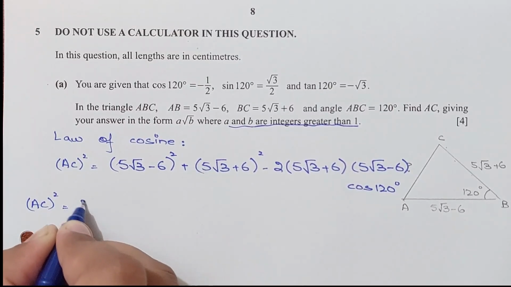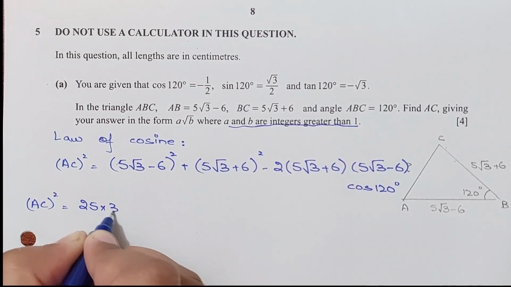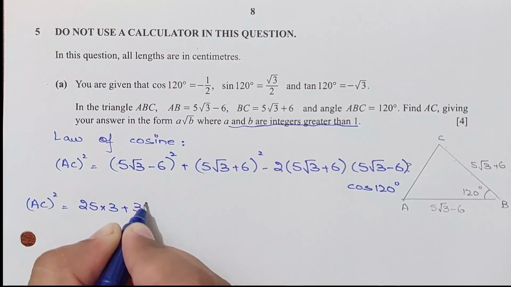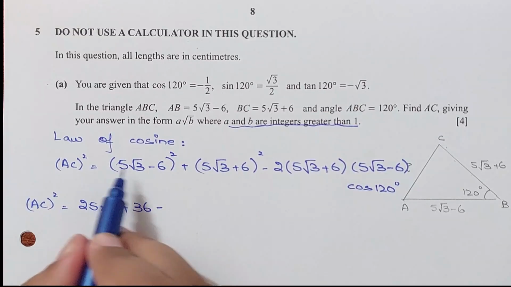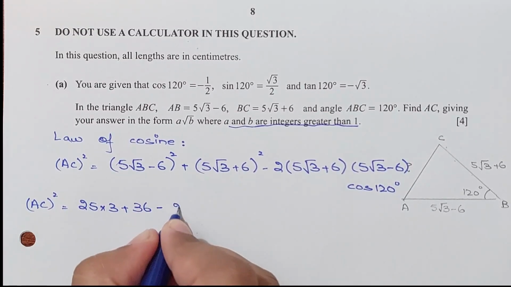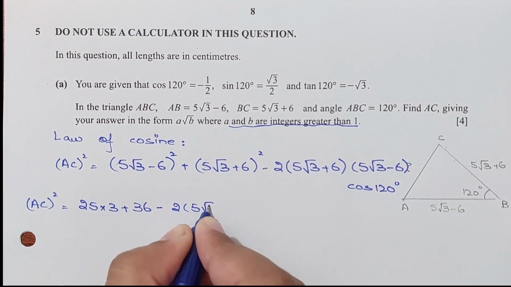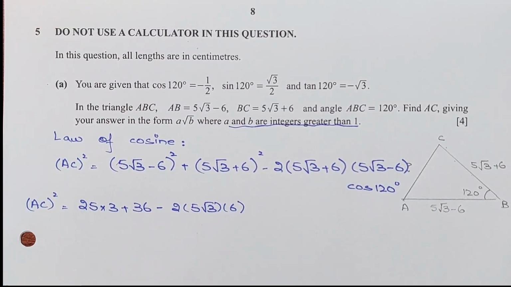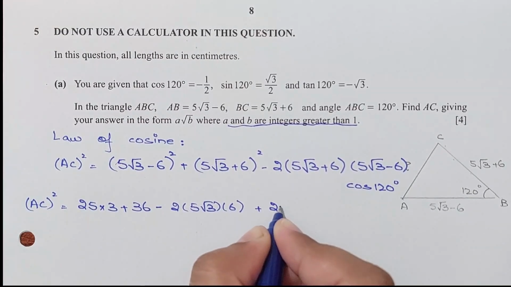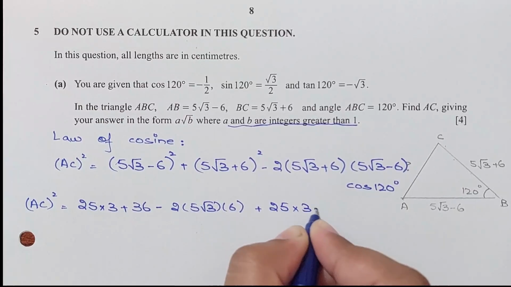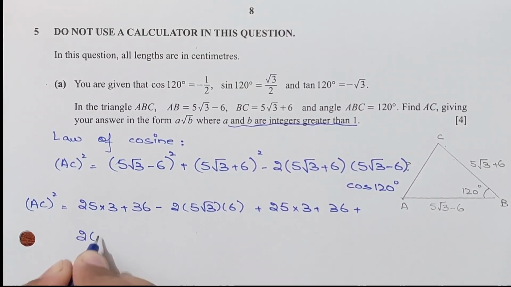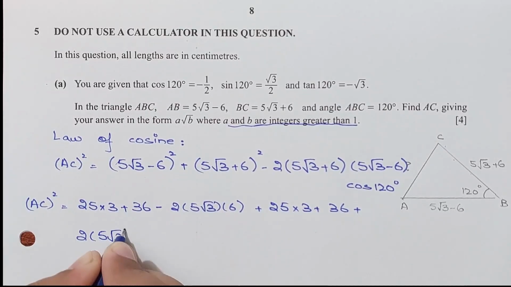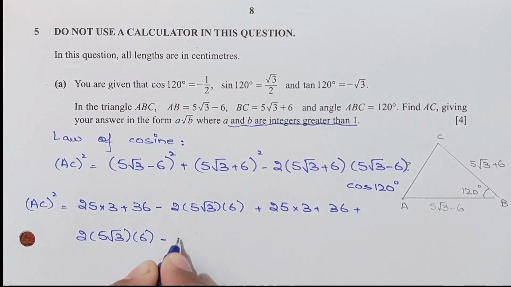Opening the square, which is 25 times 3 plus 6 square is 36, minus 2 times 5 square root of 3 into 6, plus 25 times 3 plus 36 plus 2 into 5 square root of 3 into 6, minus 2 times this.